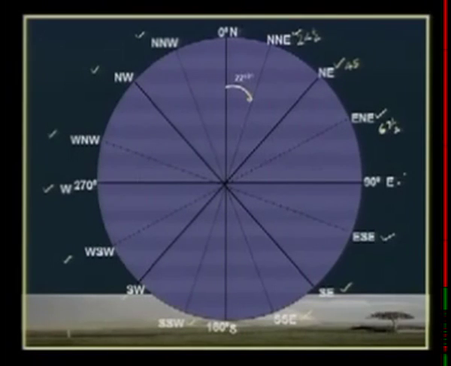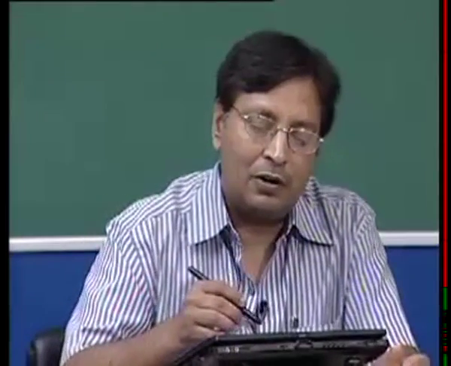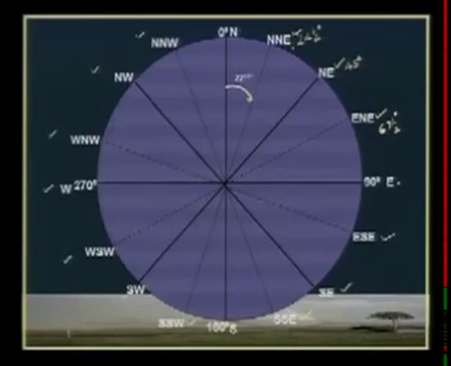Then this will become 90. So we can even give the degrees if you like. If you know the exact degree, then we can imagine where the wind is coming from. But for quick understanding, normally wind is presented as north, north-northeast, northeast, east-northeast, etc.